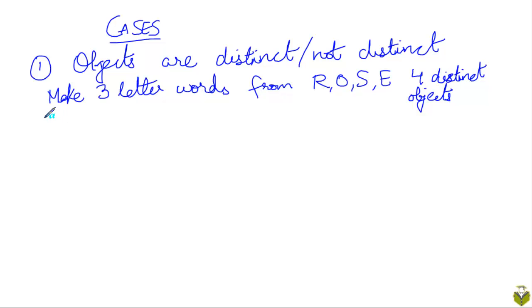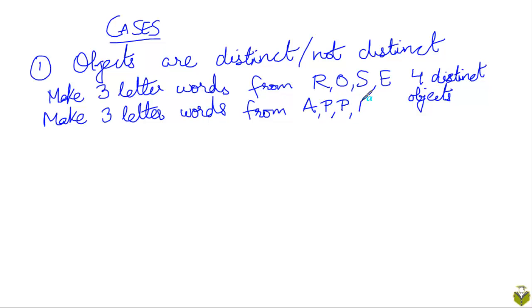And if I have to make 3-letter words from A, P, P, L, E, the letters contained in apple, you don't have distinct objects.